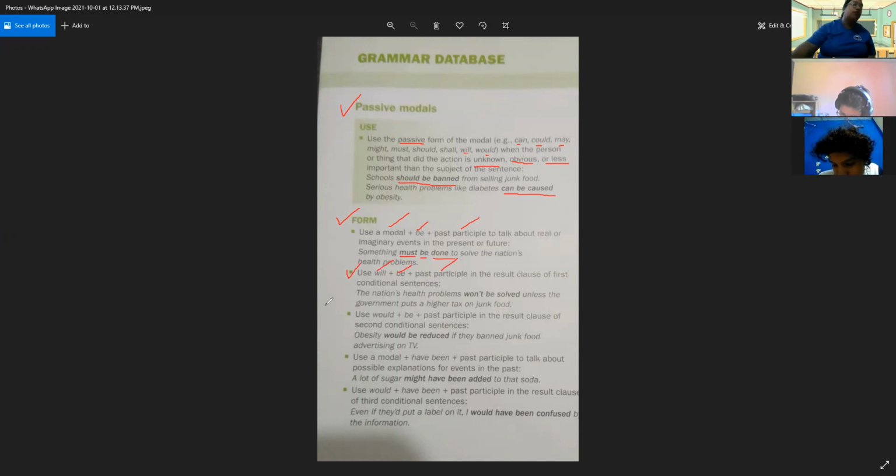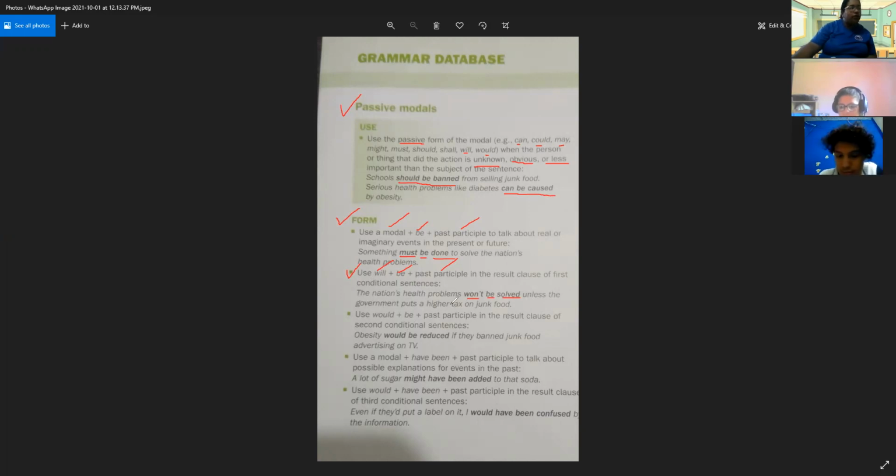Entonces, en este caso vamos a utilizar will más be más el past participle como resultado de la cláusula de oraciones del primer condicional. Aquí vemos el ejemplo: the nation's health problems won't be solved, okay? Won't is the contraction of will not, unless the government puts a higher tax on junk food, okay?